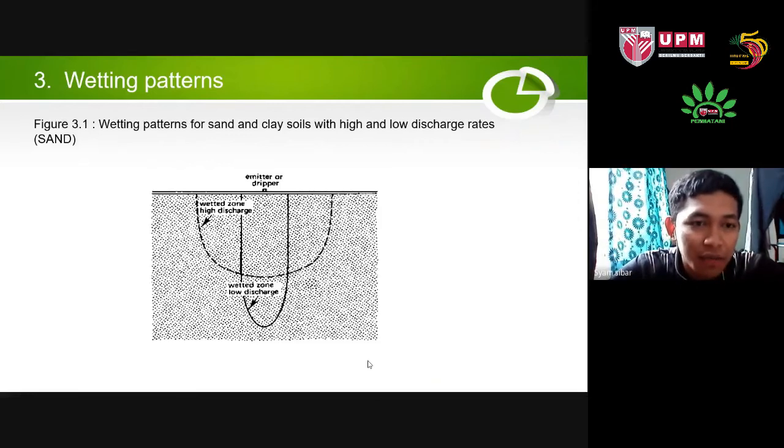The wetted zone, when we use a high discharge of water, is more spacious in the soil. But when we use a low discharge of water, the wetted zone is tighter and deeper into the soil, so it is narrower than with a high discharge.